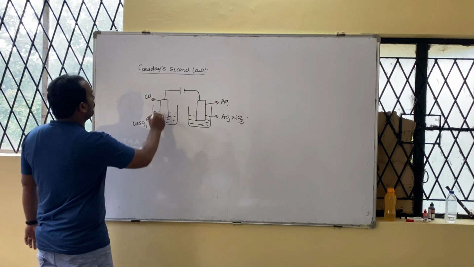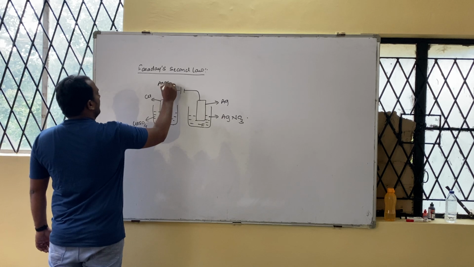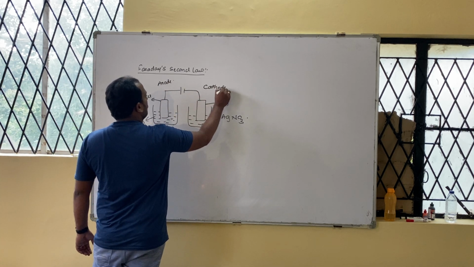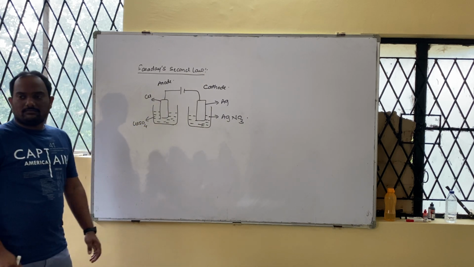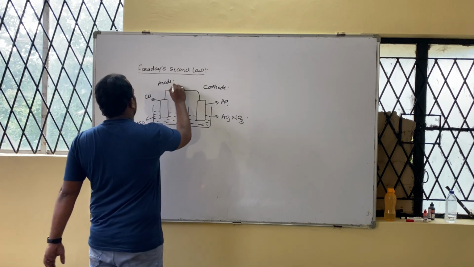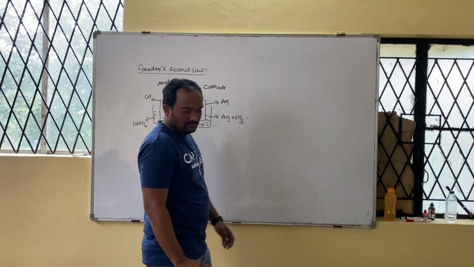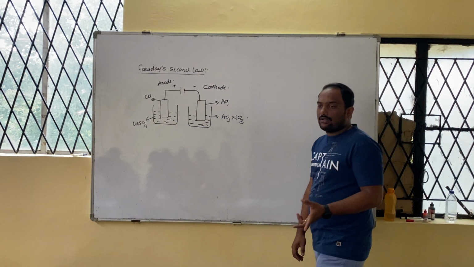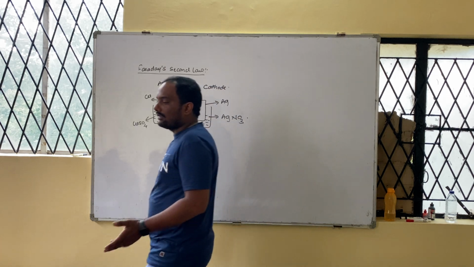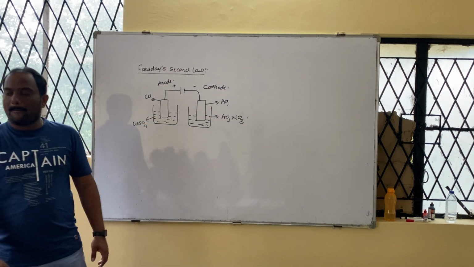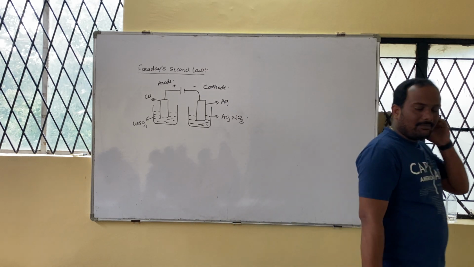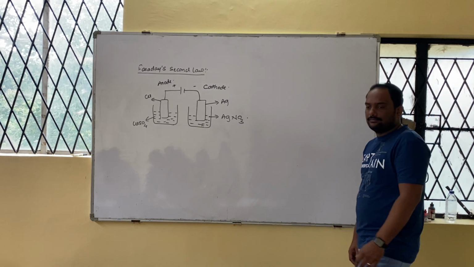So this is anode. At anode which reaction takes place? Oxidation. At cathode, reduction. Yesterday I clearly told, this is positive, this is negative. See here we have 2 different electrodes and 2 different electrolytic solutions. Correct? Roughly you draw. I don't want you people to draw with a pencil, rubber. It is just for your understanding.